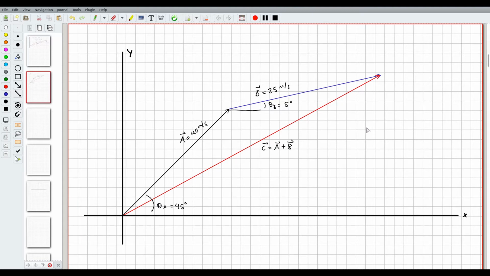Now, what I'd like to do is to find C in component form, that is Cx and Cy, but also in magnitude and direction form. So that would be something like something meters per second with an angle of something with respect to the x-axis.